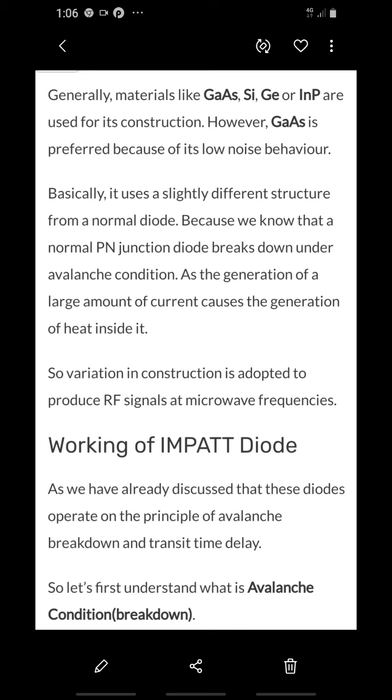Next, working of IMPATT diode. As we have already discussed, these diodes operate on the principle of avalanche breakdown and transit time delay. So let's first understand what is avalanche condition, that is breakdown.